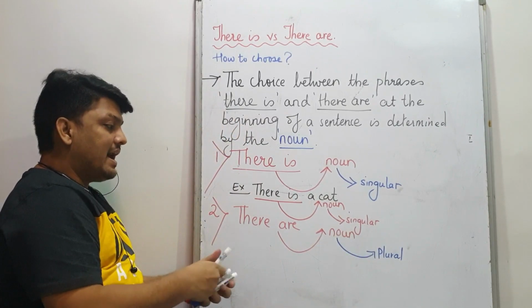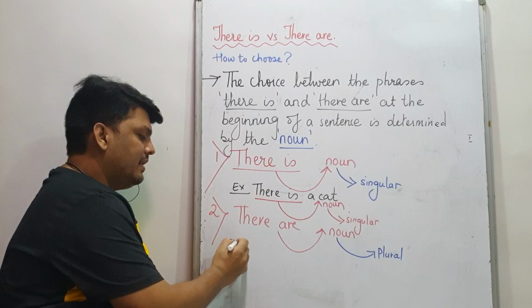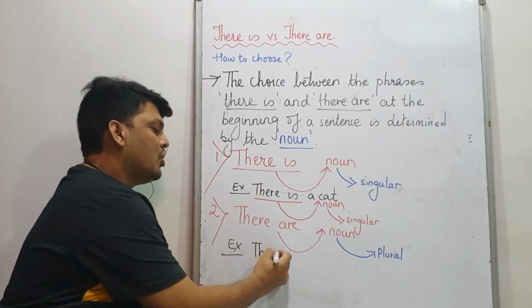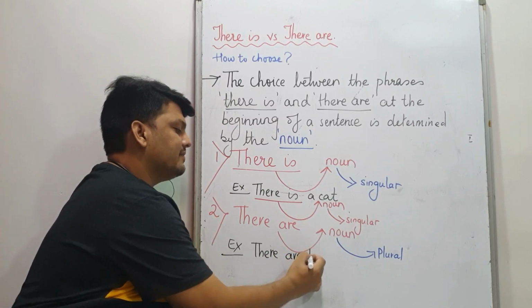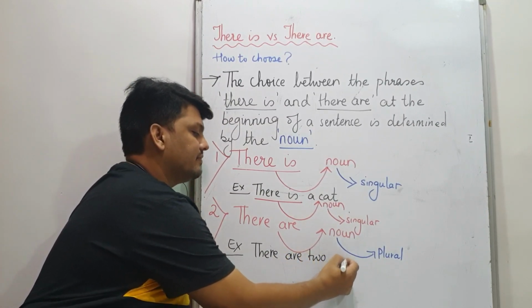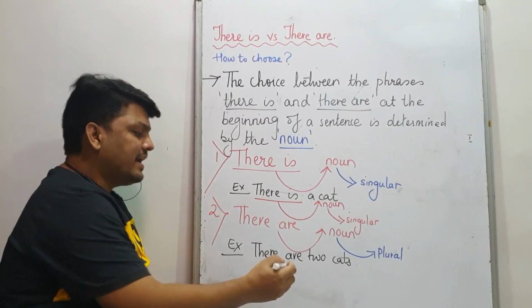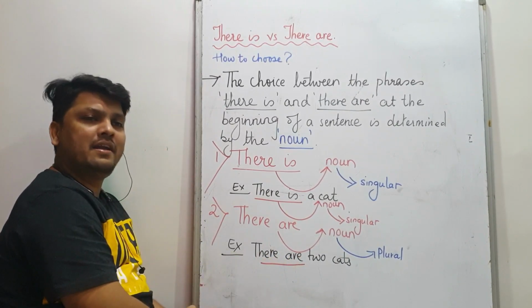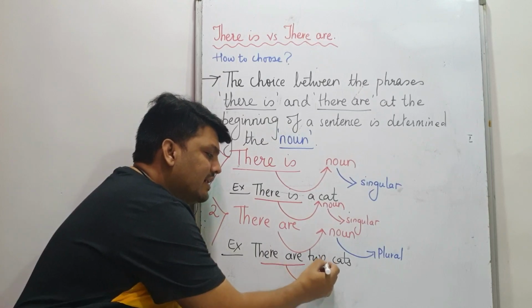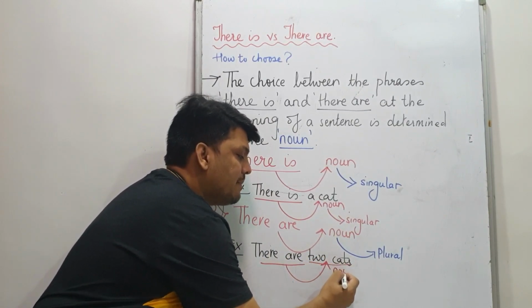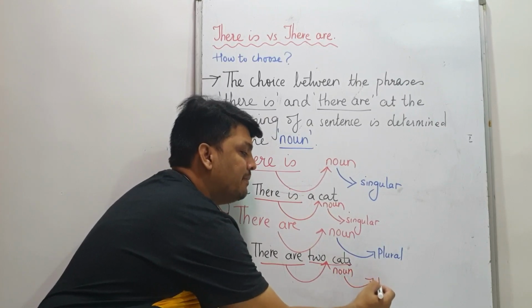When I am using there are, see this example here: there are two cats. I have started with the phrase there are followed by the noun two cats. So two cats is a noun, but this noun is in plural.